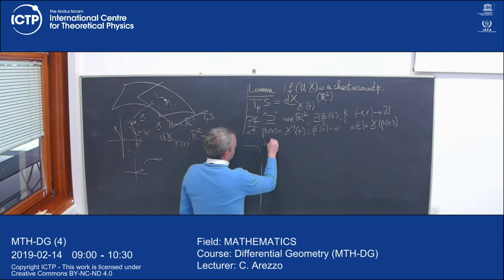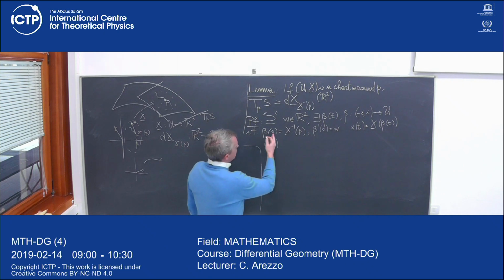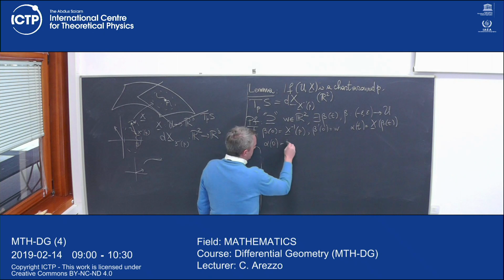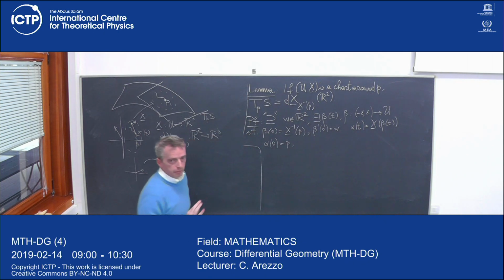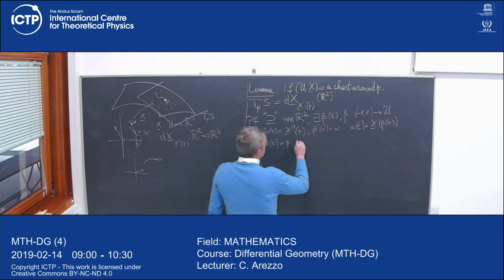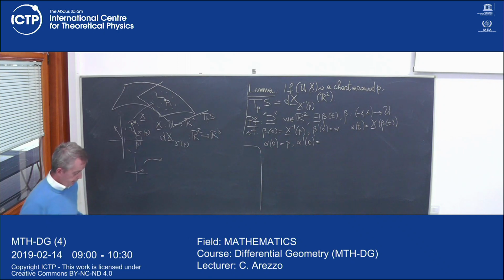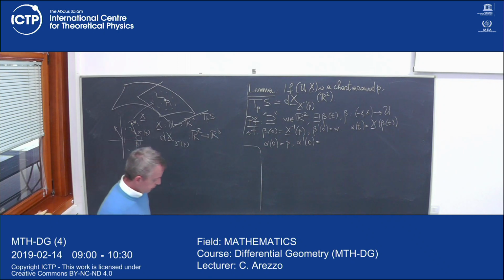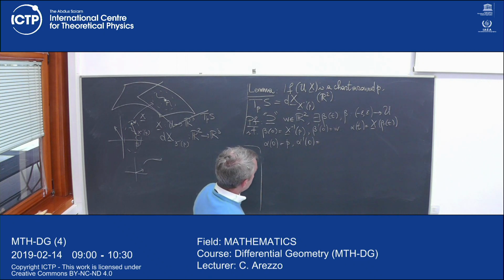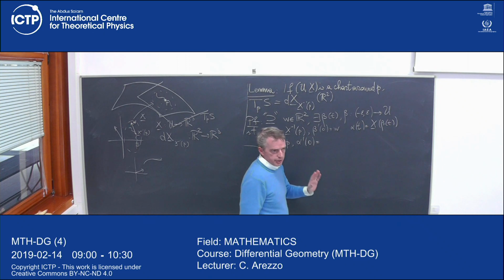So what is alpha of 0? Well, alpha of 0 is x of beta of 0. Beta of 0 was this, so of course this is p. Good. So at least it passes through the point p. And now, how much is alpha prime, which is its velocity? Whatever it is, its velocity vector lies in the tangent space to the surface.